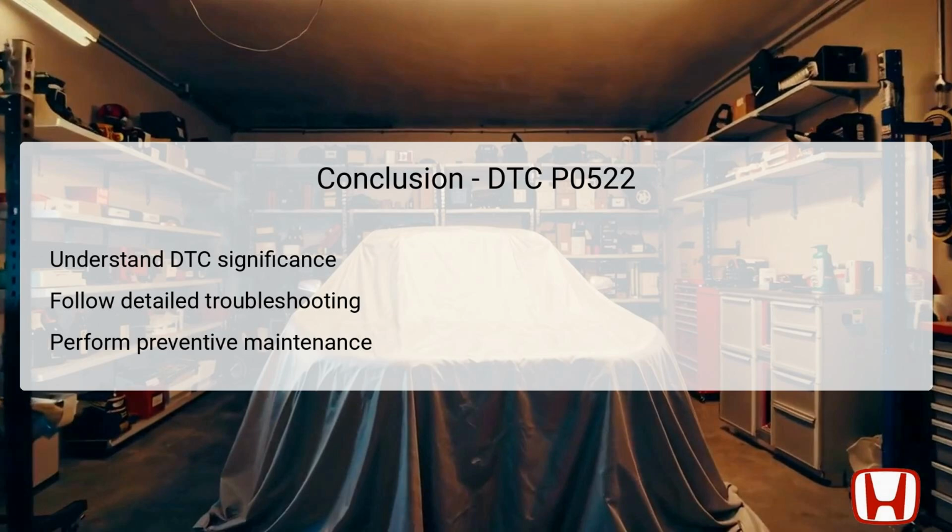The inspection process emphasizes the importance of checking the engine oil pressure sensor, wiring circuits, and the PCM. Finally, performing regular preventive maintenance not only reduces the likelihood of DTC reoccurrences, but also ensures the overall health of the engine. By adopting a proactive approach, drivers can enjoy reliable vehicle performance and efficiency.